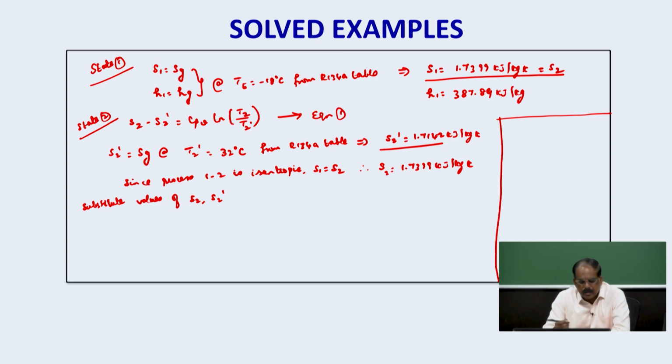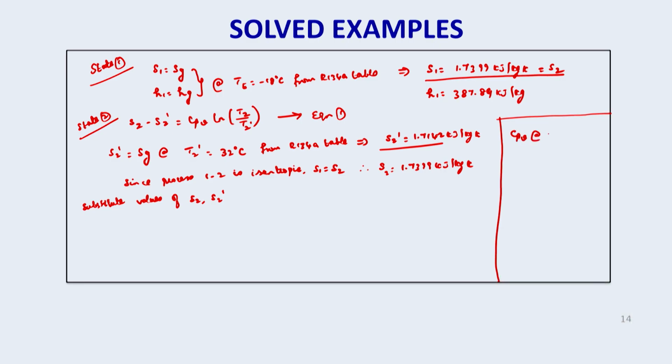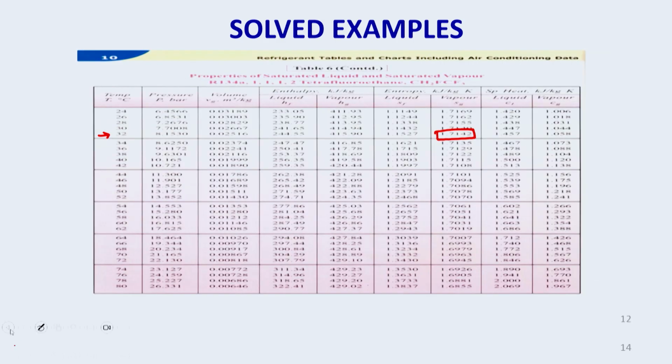So Cp of vapor has to be found corresponding to the temperature T2 dash. What is T2 dash? T2 dash is 32 degrees centigrade. So the Cp value should be taken corresponding to 32.